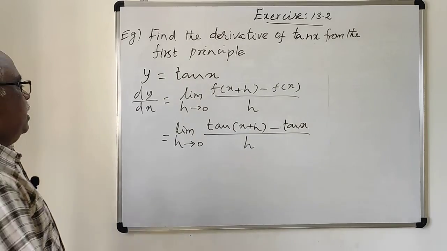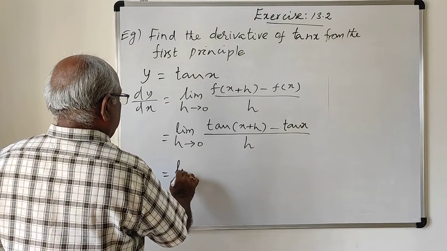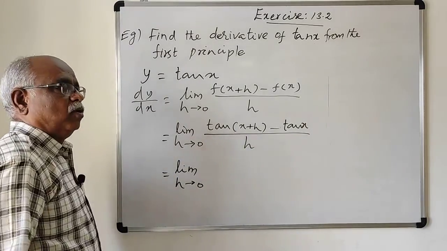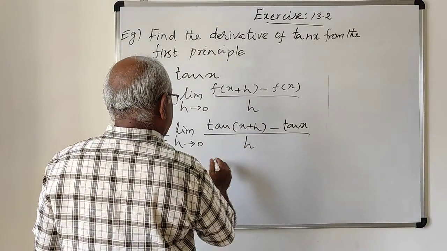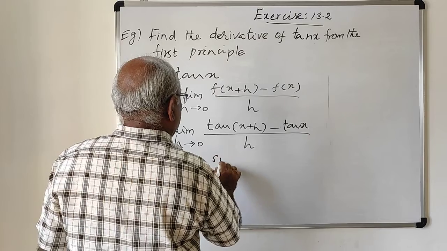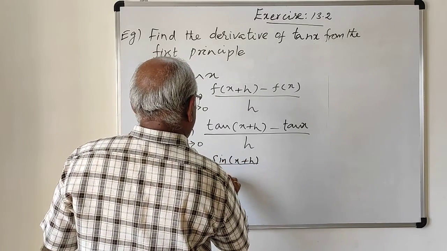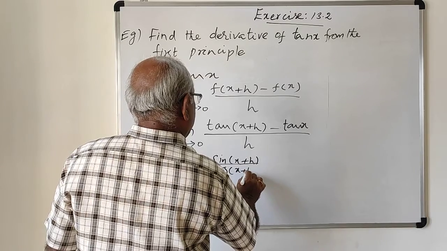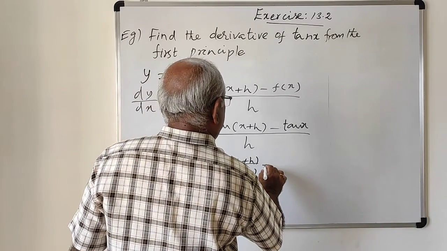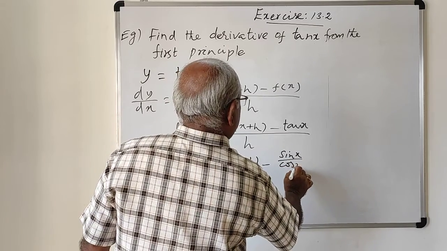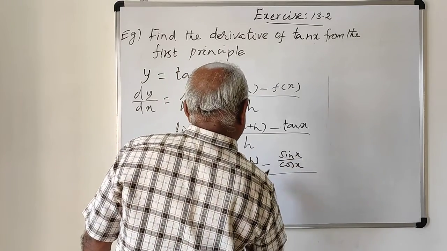You know that tan x is sin x by cos x, therefore I can write limit h tends to 0 of sin of (x plus h) by cos of (x plus h) minus sin x by cos x, the whole divided by the given h.